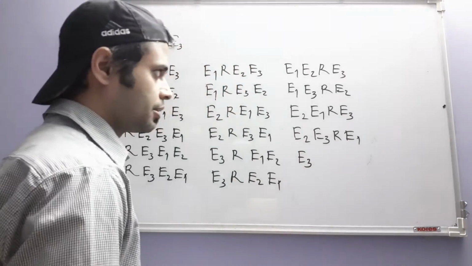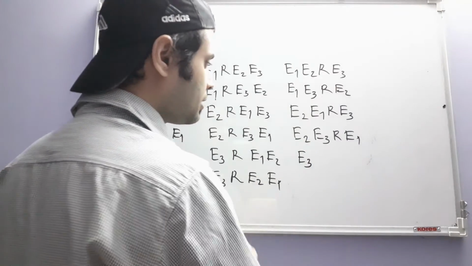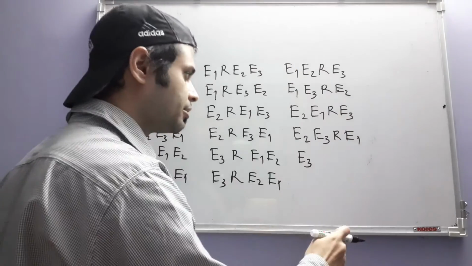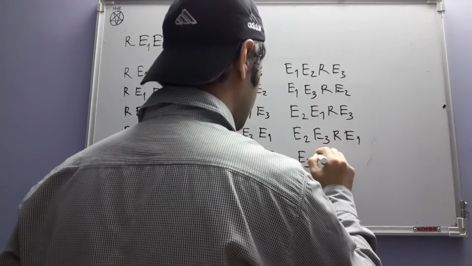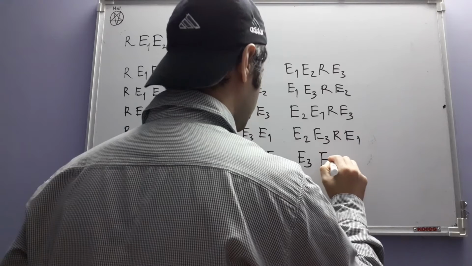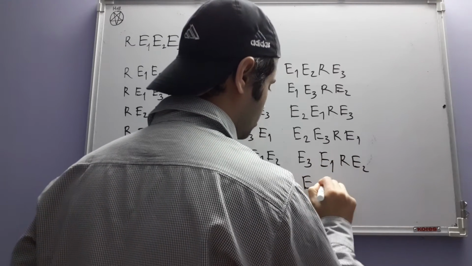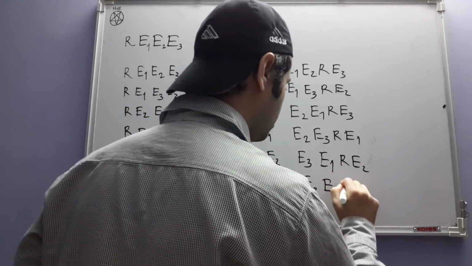So that was the mistake. Here R appears in the third position in the third column. Okay, E3 E1 R E2, E3 E2 R E1.